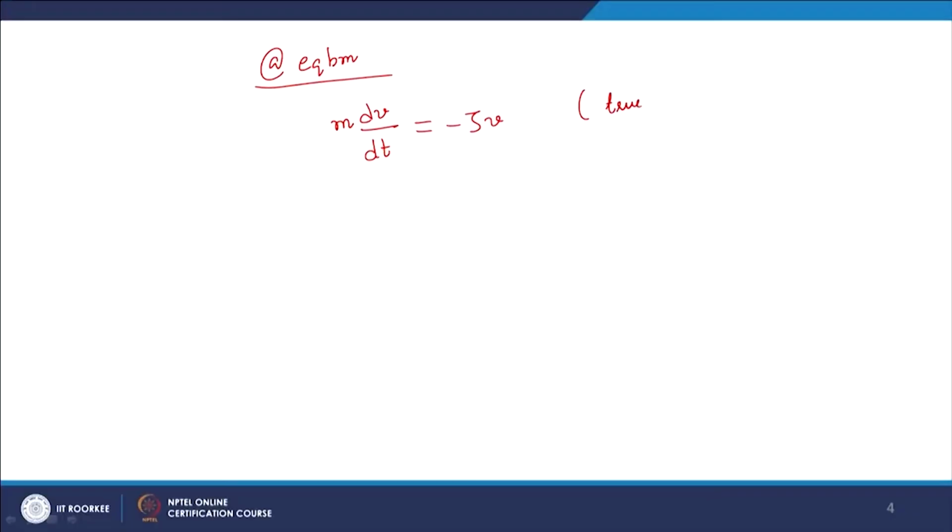So, at equilibrium then, assuming that we do not consider the thermal forces yet, we have this relation which is true for large particles when the effect of thermal fluctuation is negligible.